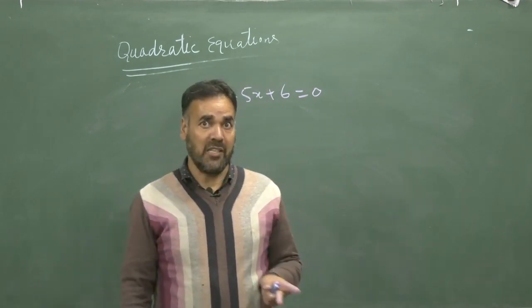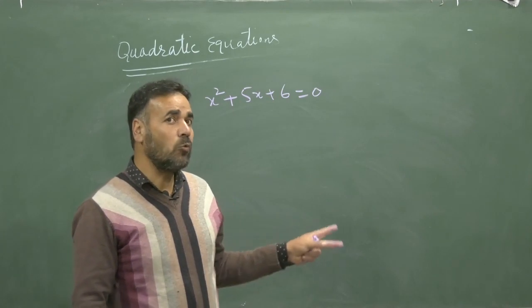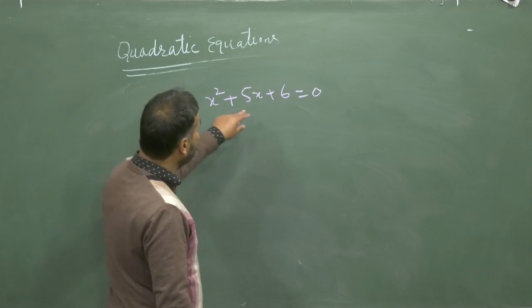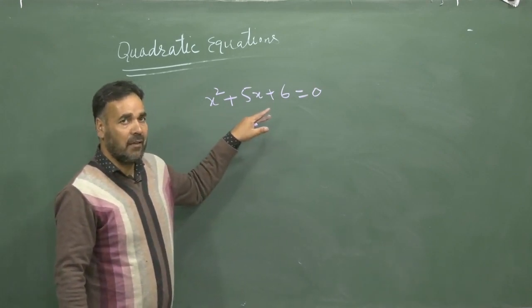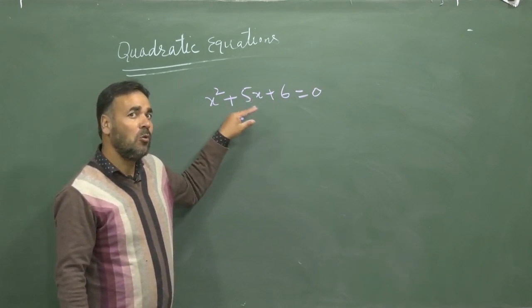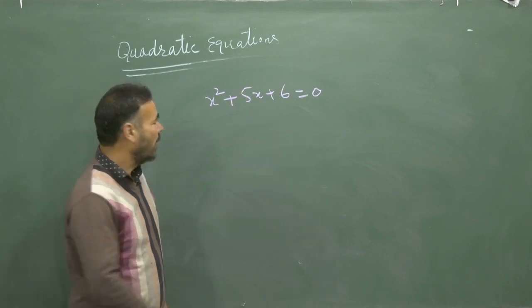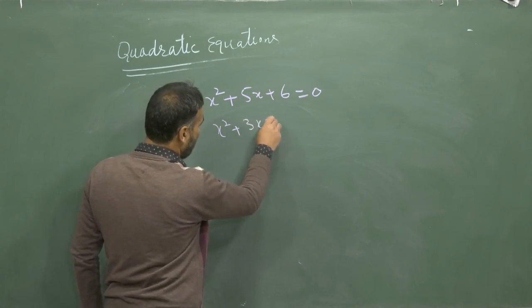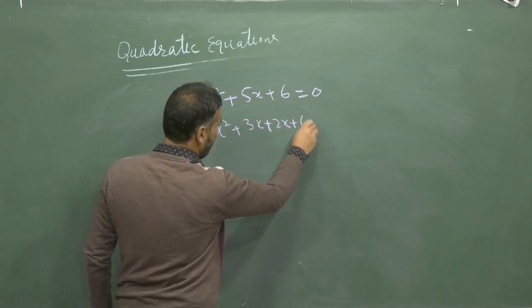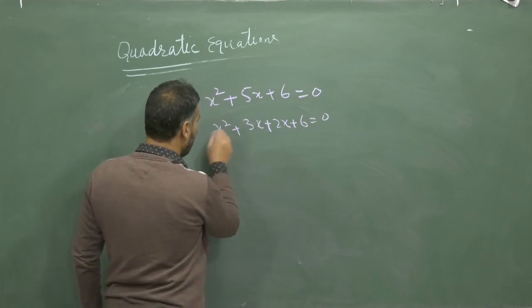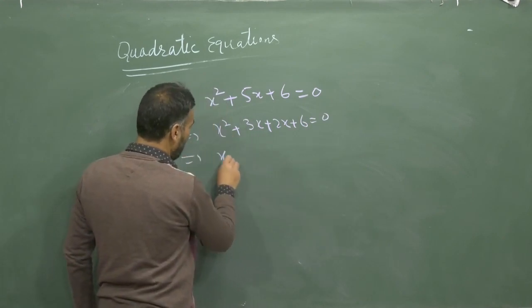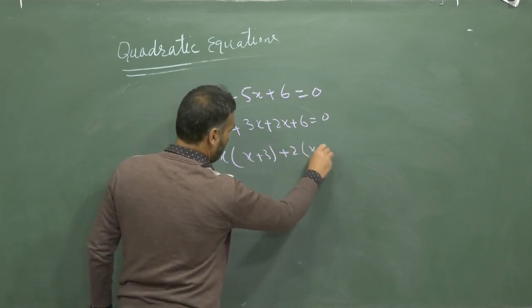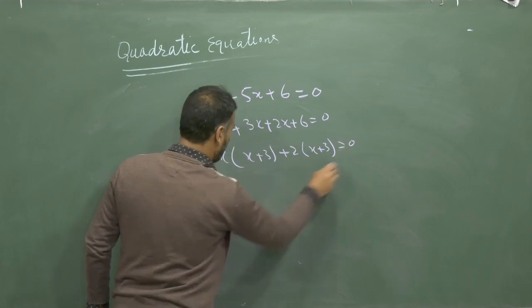In the previous two questions, we found the roots of quadratic equations having a complex part, but this is a quadratic equation having two real roots. Like it is x square, instead of 5x we can write 3x plus 2x plus 6 is equal to 0. You can take x as a common factor. You are quite aware of it. It is an easy example for you people to learn. That is equal to 0.